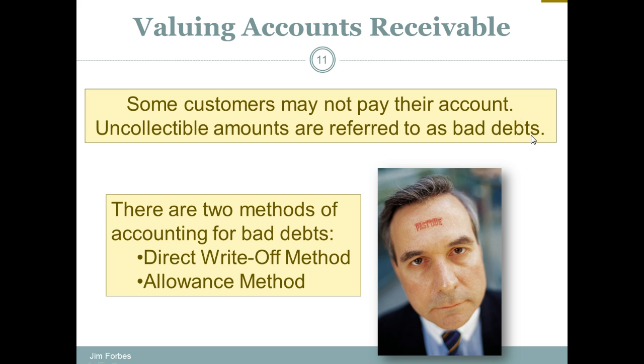And typically when you do sales on credit, you are going to have some bad debt expense. Some people will not pay you. Their circumstances change, or maybe it was actually intentional fraud. So there are a couple of methods for accounting for these bad debts: the direct write-off method and the allowance method.